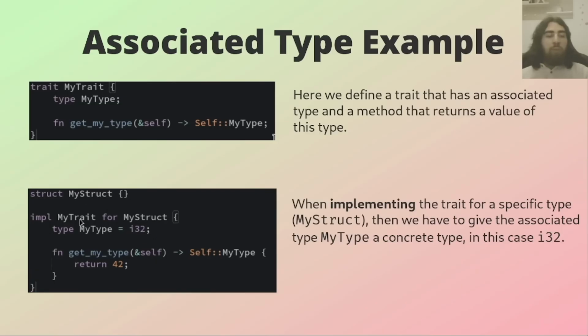As you can see, when we implement MyTrait for MyStruct, we define here that MyType should be i32. And this method will then return an i32 type. We can access the associated type using Self, uppercase, double colon, and the name of the associated type. Again, Self here stands for the type we are implementing this trait for, so in this case, MyStruct.